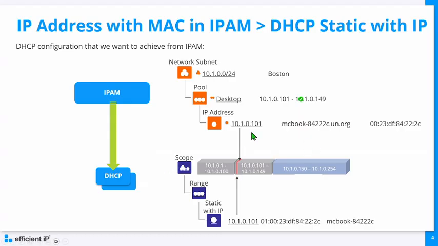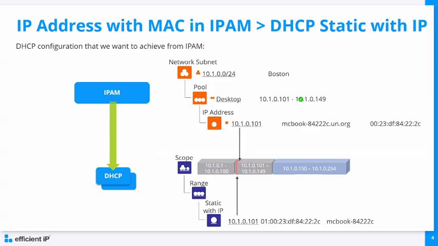Fine. Now, the next thing we're going to talk about is static with IP. So when you assign an IP address with the client MAC address in IPAM, you can make this IP address in IPAM replicated to DHCP as a static with IP. Yeah.